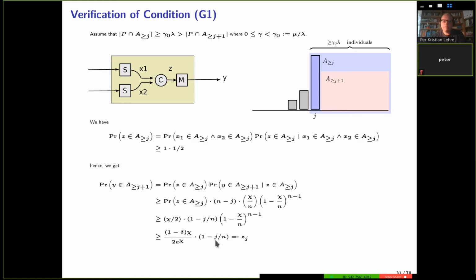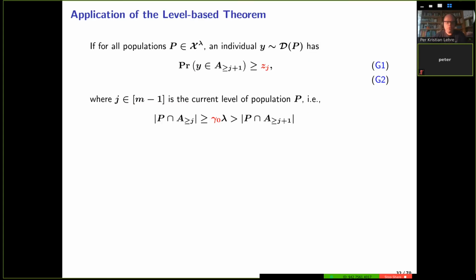Okay, so when I am very close to the optimum, this probability becomes quite small because there are very few 0 bits left. Okay, so just to repeat, G1, I have to produce a lower bound on the probability of producing some individual in level j plus 1, assuming which is always the case, no matter how many individuals I have in any levels above.